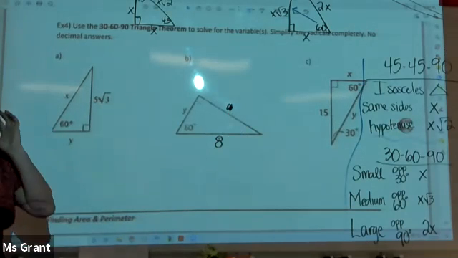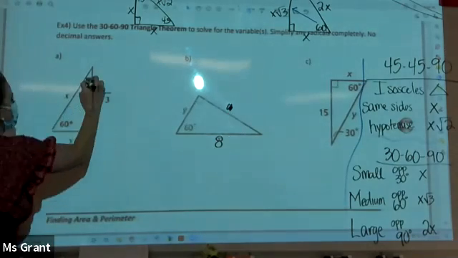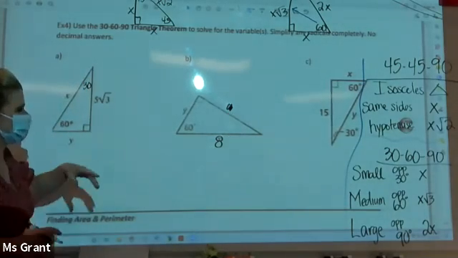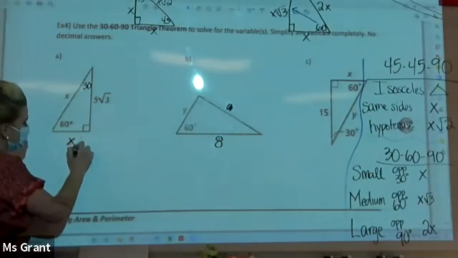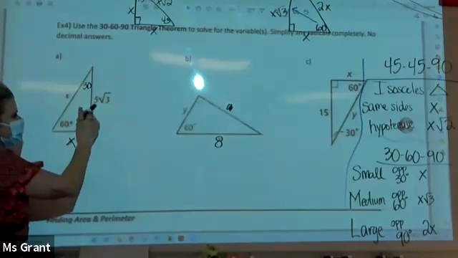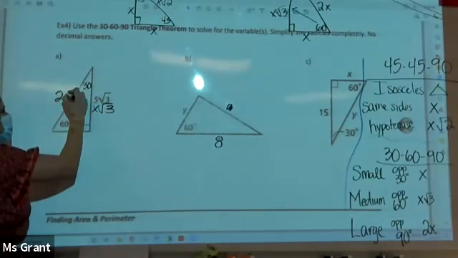I want to make sure that we're just doing X, 2X, and X rad 3. I don't want to talk about Y or another variable. So opposite the 30 is X. Opposite the 60 is X rad 3. Opposite the 90 is 2X.